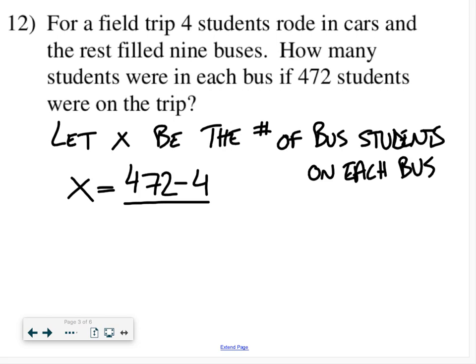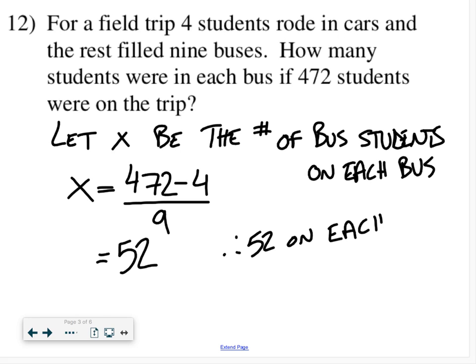Good save. Divided by the number of buses, which in this case was 9. So we do 472 minus 4 divided by 9, and you get 52. Therefore, 52 on each bus.